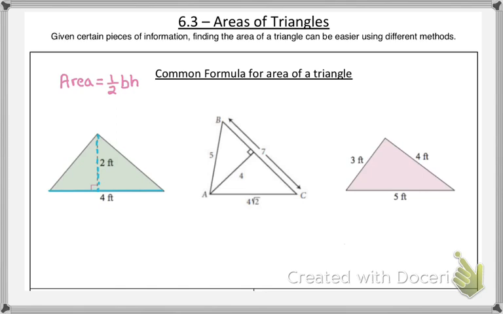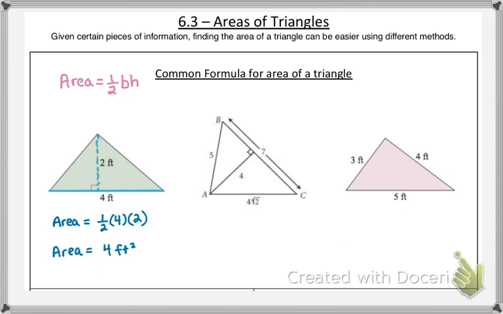So base and height have to be perpendicular. And so we can find the area of this triangle using my common formula. So the area is equal to 1/2 the base, which is 4, times the height. So that's going to give me an area of 4 square feet.